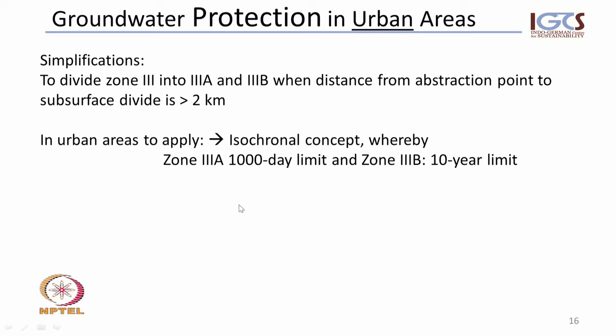In that way, we can exclude large areas which would maybe be part of the groundwater catchment zone and remove them from the strict restrictions which are otherwise applicable to zone 3.